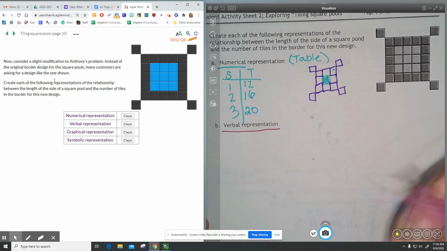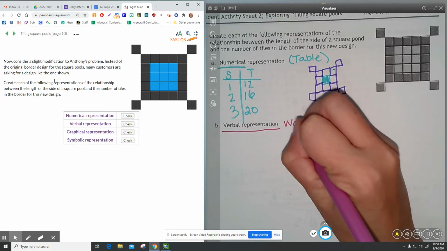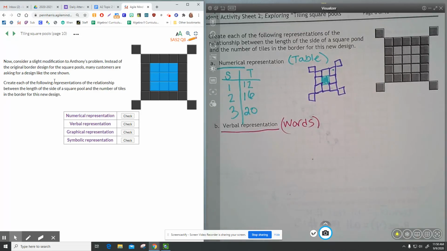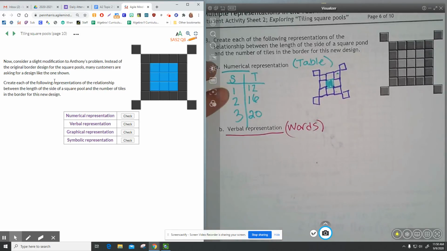Okay. So now we're going to create a verbal representation, meaning words. All you need to do when we talk about the words is say, hey, this is the change that happened. So when I go back up here, the first thing I'm going to look at is my sides.